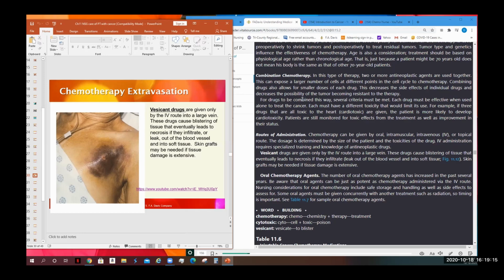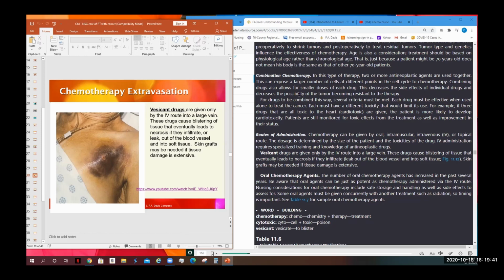Vesicant drugs are given only by IV route into a large vein. These drugs cause blistering of tissue that eventually leads to necrosis if they infiltrate or leak out of the blood vessel and into soft tissue. Skin grafts may be needed if tissue damage is extensive.